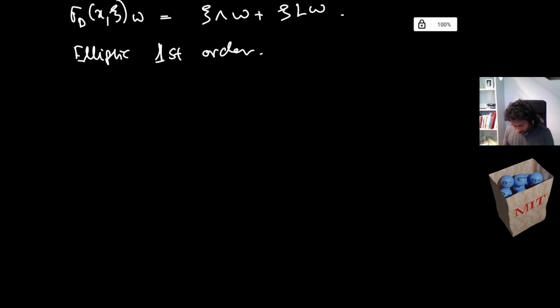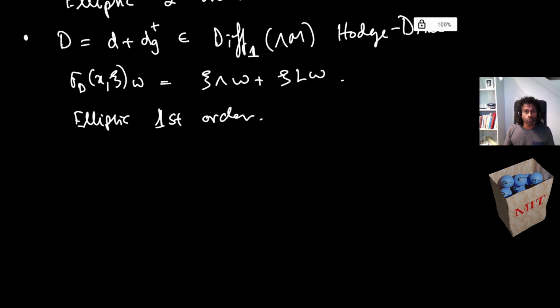Okay, so we have 10 minutes to go, and maybe in those 10 minutes we can just start with some motivation. So now that we've talked about formal adjoints and various other things, what we really want to do is to start talking about boundary value problems. I was hoping to move on to that today, but it looks like it'll be next time.